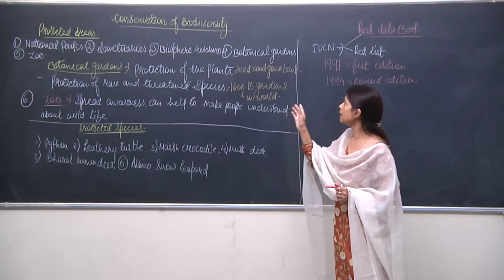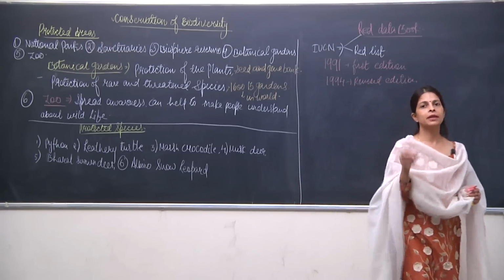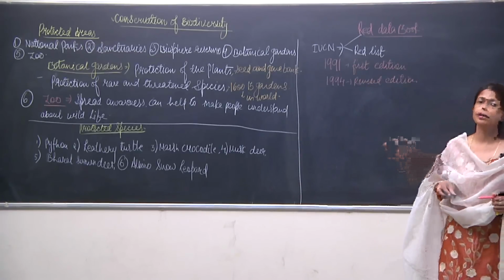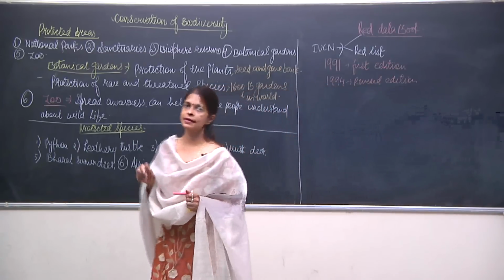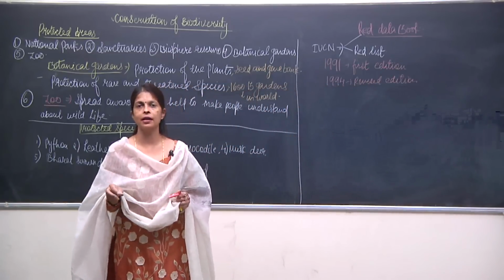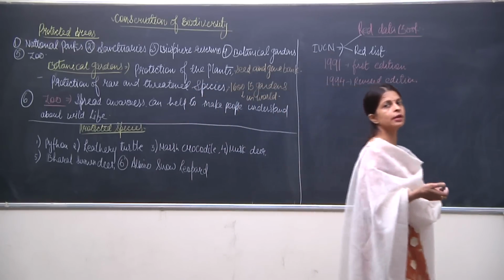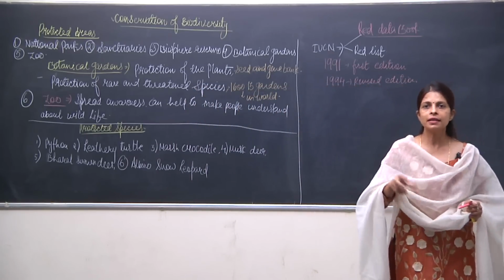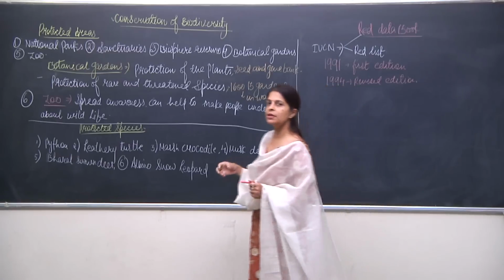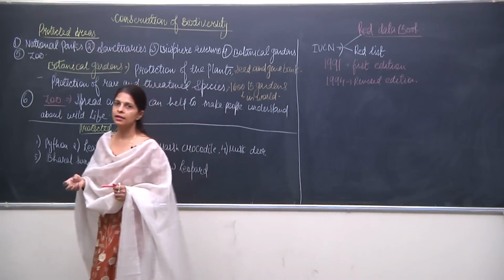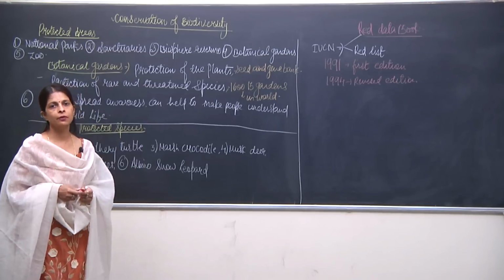As I told you, there are 1600 botanical gardens in the world, but it is quite possible that by the time you see this lecture the number has changed. I said there are 97 national parks in India, but it is quite possible that when you see this lecture the number has increased to 100. So these numbers will be changing depending on when you see the lecture, and definitely there will be change in the numbers of all these.